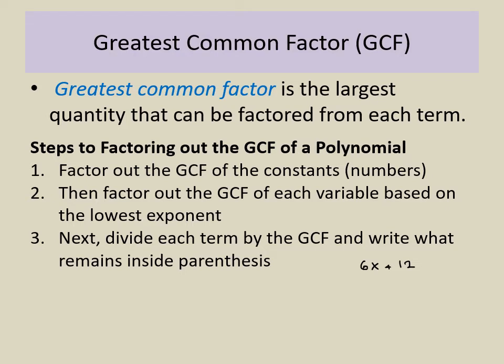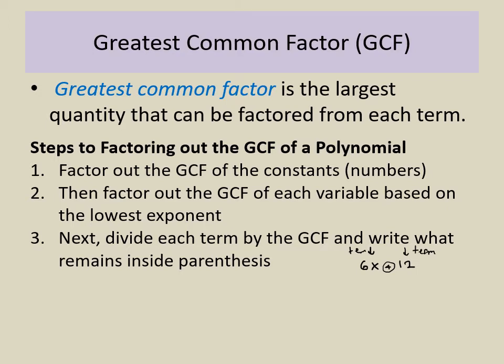Now, these are two terms. Terms, by the way, are identified by separation of a plus or minus. So the 6x is a term and the 12 is a term because they have a plus sign between them.